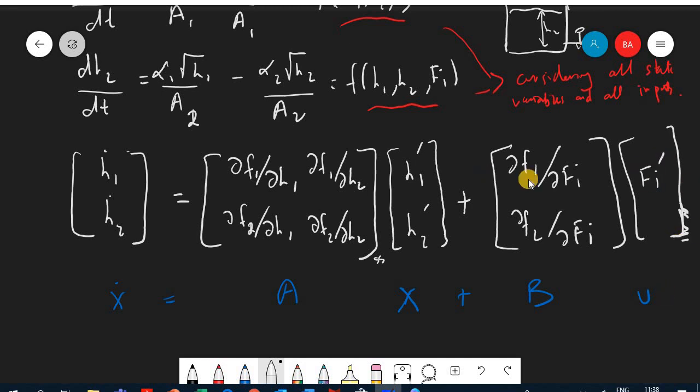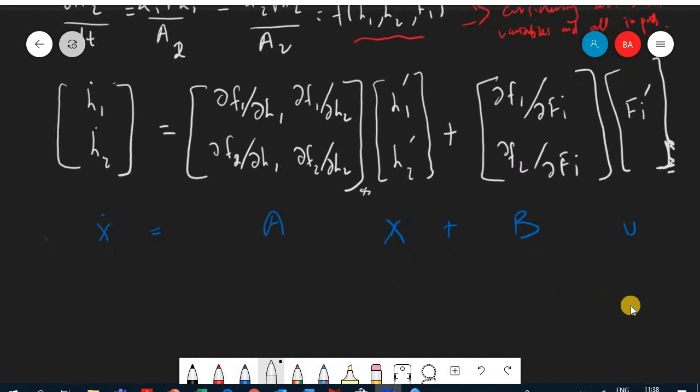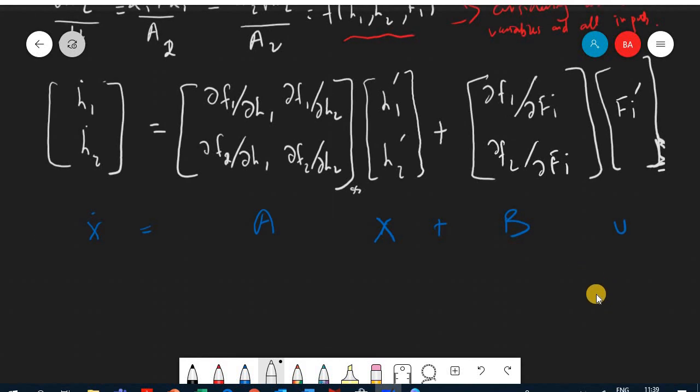If there are two inputs, definitely I will have a square matrix here, because I'm going to say df1 by the first input and then df1 by the second input, okay? But in this case, this is what I have. And this is a 2 by 1 matrix, and this is a 1 by 1 matrix, so the answer is fine. Just look at the matrices.